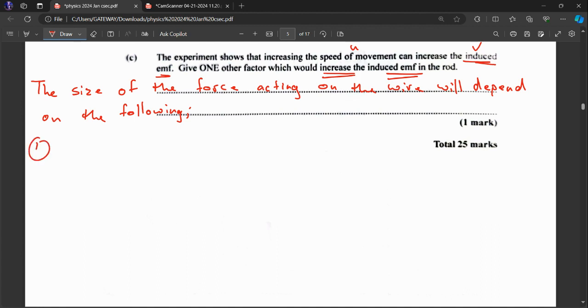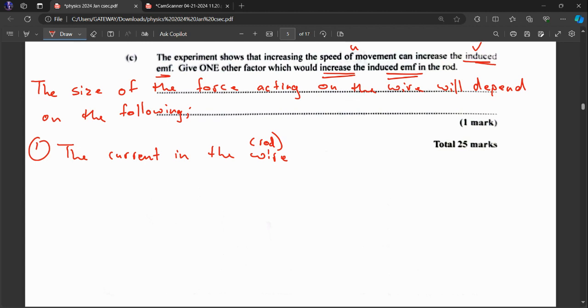I have a couple of options here. The first one will be the current in the wire, or in this case, you'll put a rod.